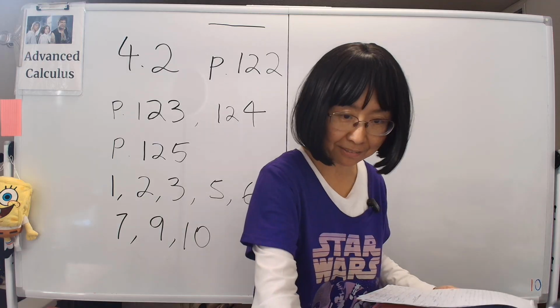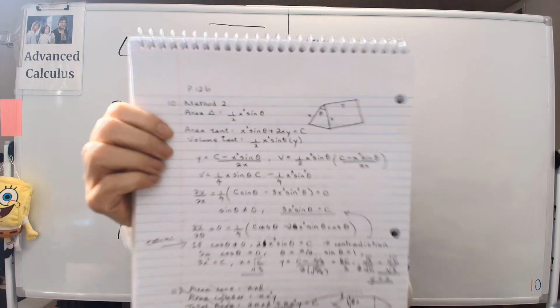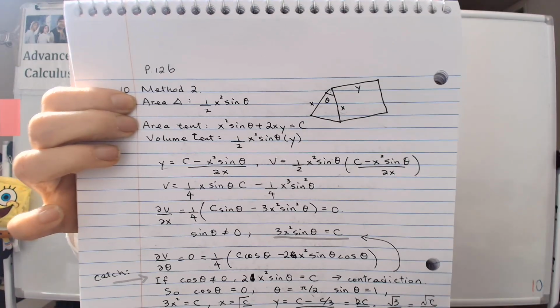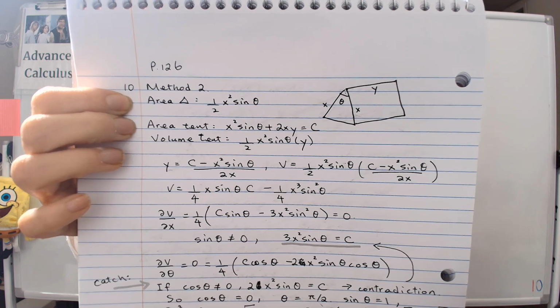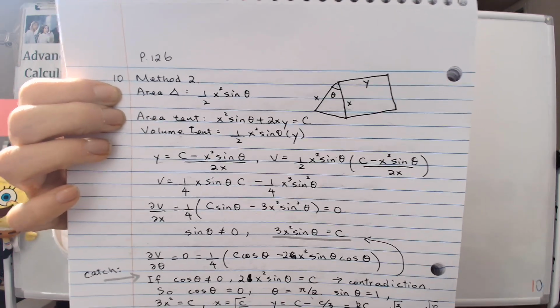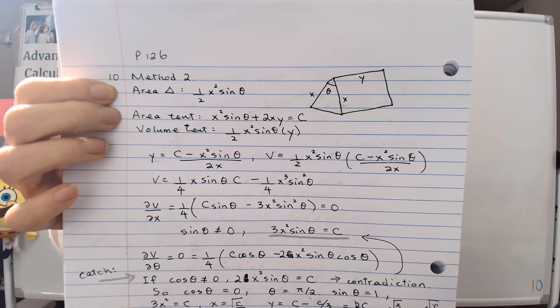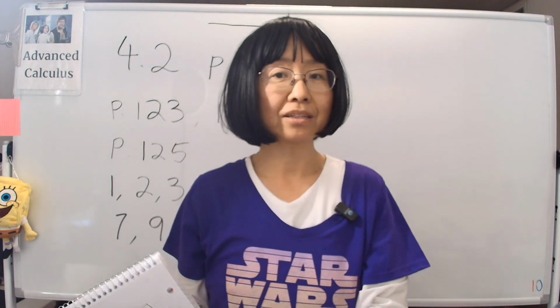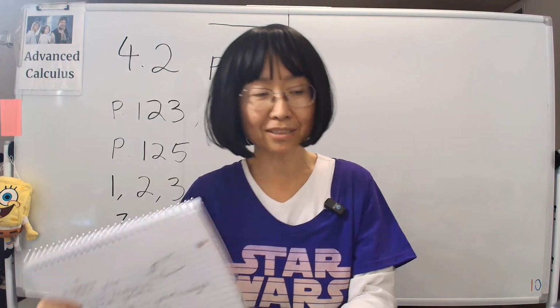Let me find it. So here is my method 2, in which I calculate the same thing. But this time we're going to use the angle, which I call theta, and the fact that it's an isosceles triangle, which, come to think of it, in the first method I don't even think I cared about. Maybe that's why it was such a mess.